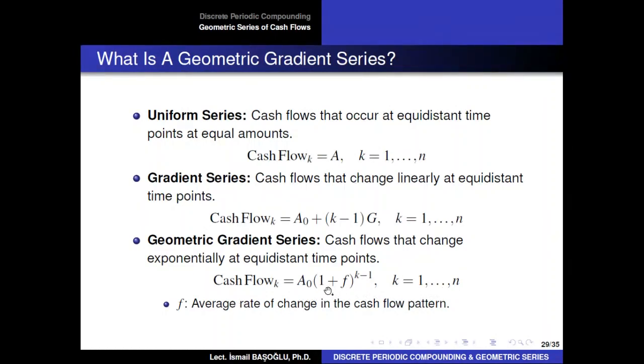At the end of the kth year, the cash flow will be A0 times 1 plus F to the power K minus 1. And F is the average rate of change in the cash flow pattern, which is either an average increase or an average decrease. If F is positive, the cash flows are increasing. If F is negative, then the cash flows are decreasing.